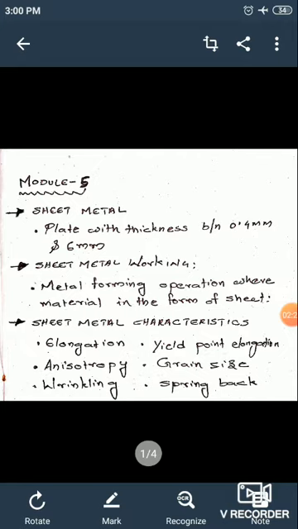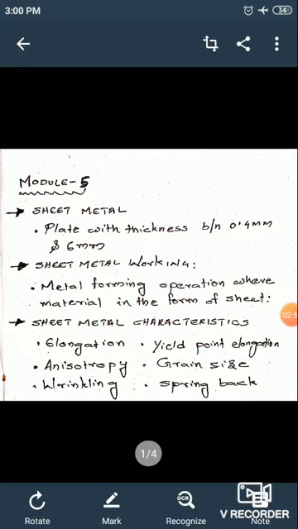Next one is anisotropy. Anisotropy is the property of exhibiting different yield strength along different directions. As we all know, sheet metal is a cold rolled sheet.